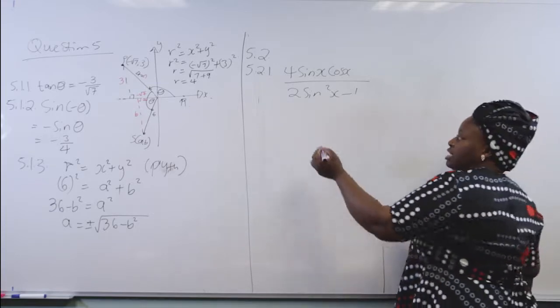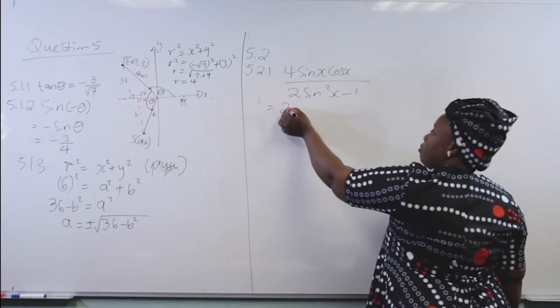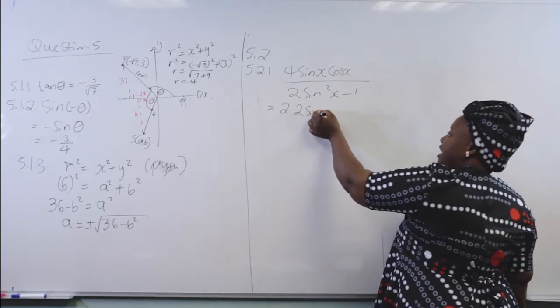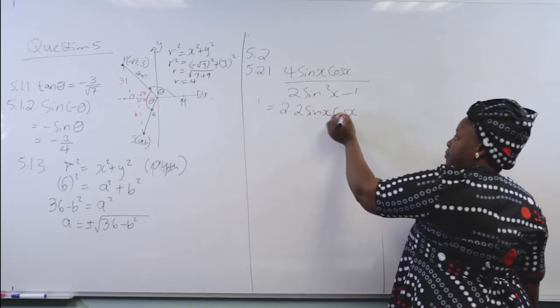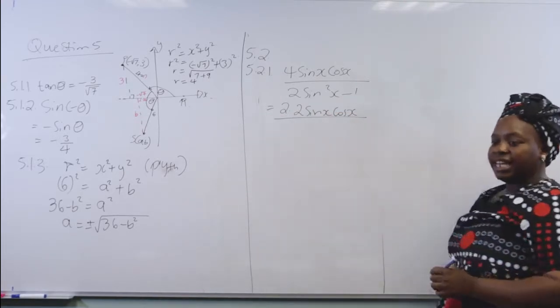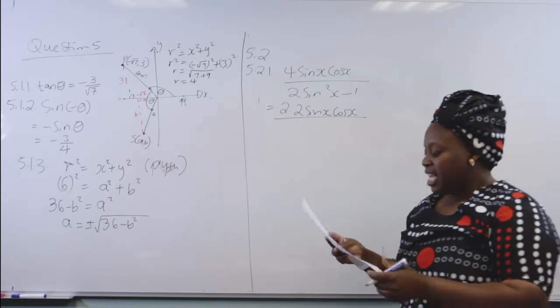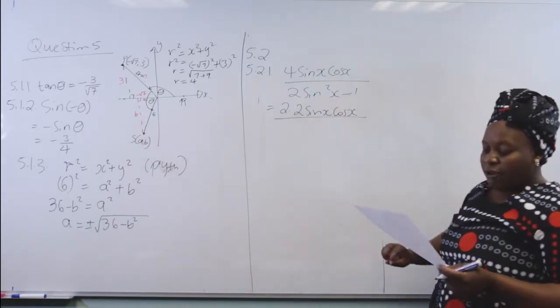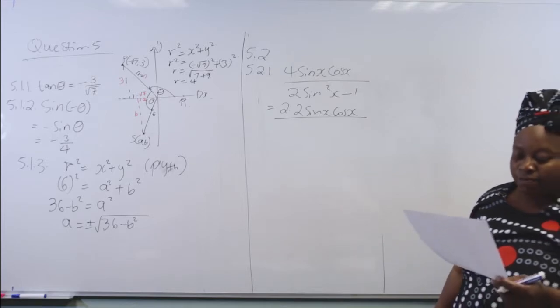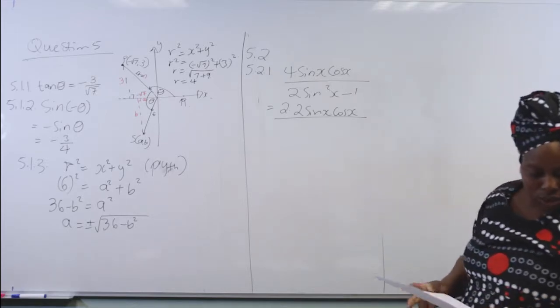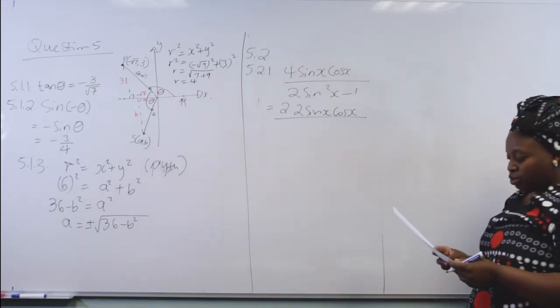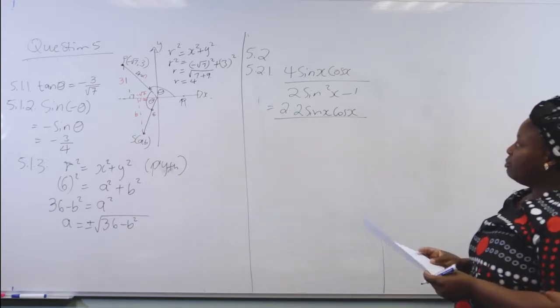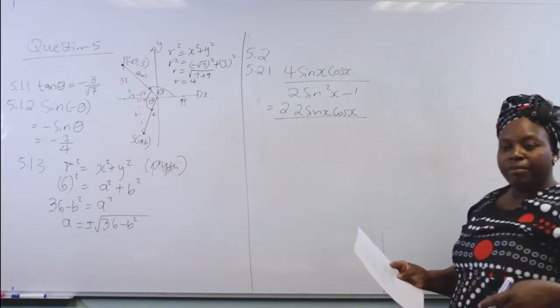So it means you're going to say this is the same as 2 multiplied by 2 sine x cos x. Going to the formula sheet again, you can see that there is something that can look like this one. It says 2 sine squared x minus 1, and you'll have to rearrange it a little bit first.